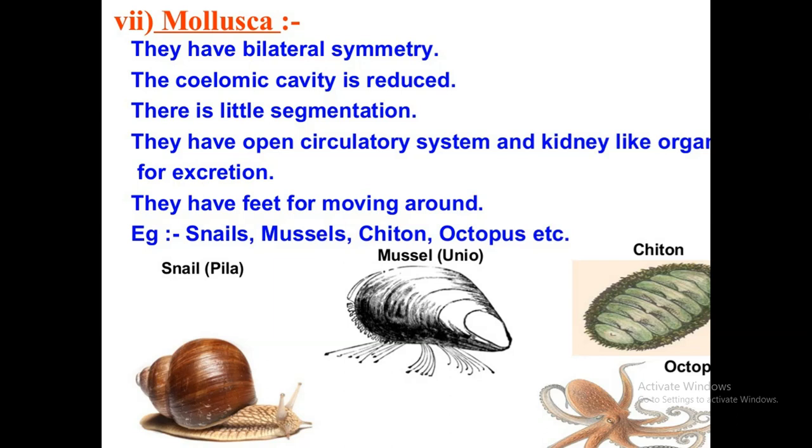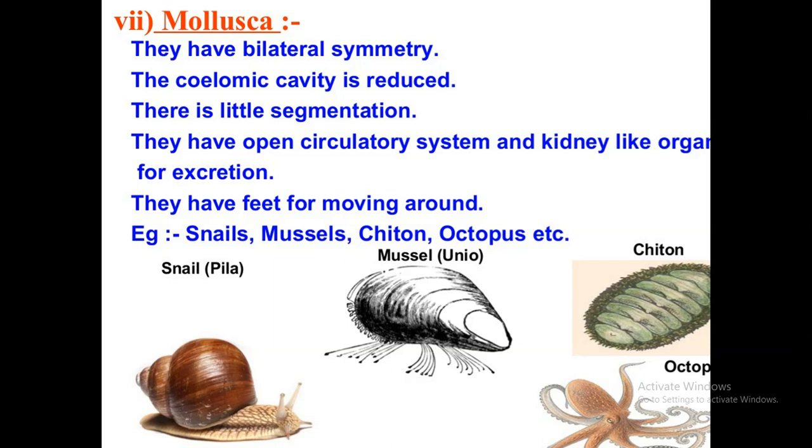So what are the excretory organs? The kidney like organs have started to develop in the case of mollusca, and they also have feet for moving around. Abhi tak we have seen that the feet were not very well developed. In arthropoda they were jointed, but here we can see the legs or the feet have started to grow in a better way.